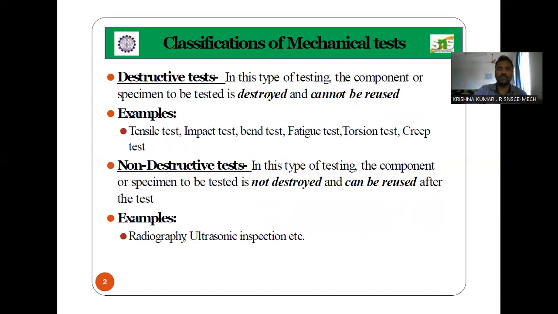Classification of mechanical test. Destructive test. In these types of testing, the component or specimen to be tested is destroyed and cannot be reused. Examples: tensile test, impact test, bend test, fatigue test, torsional test, break test.